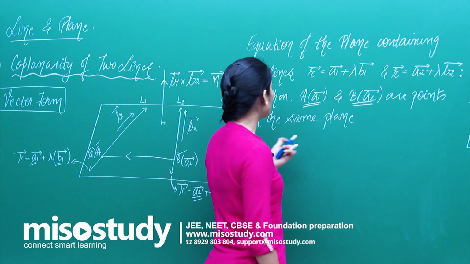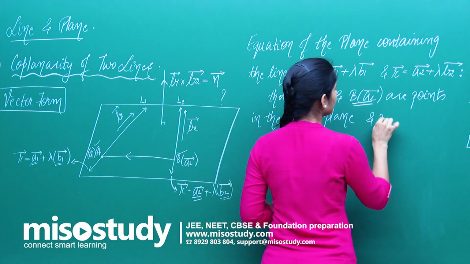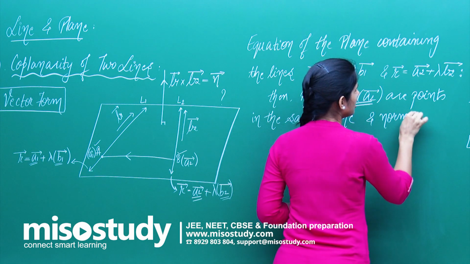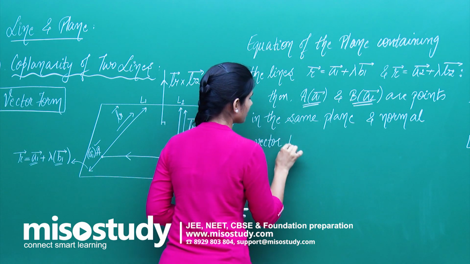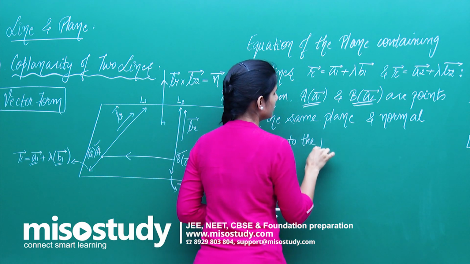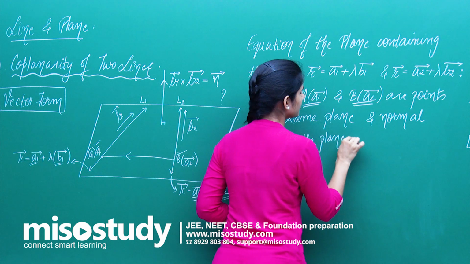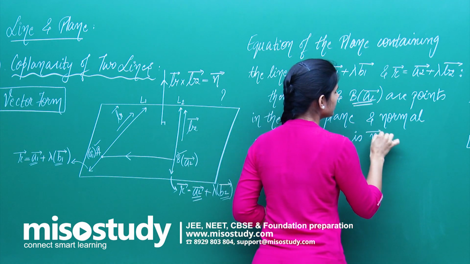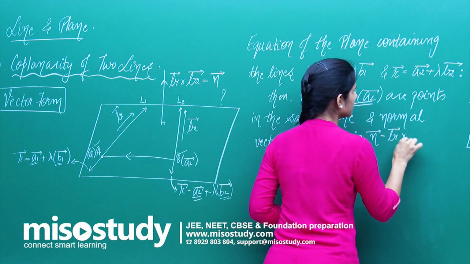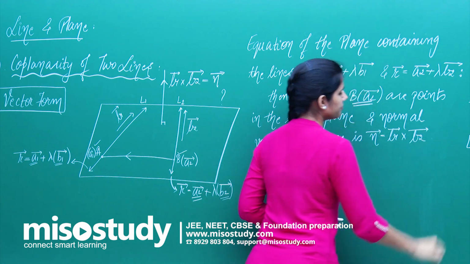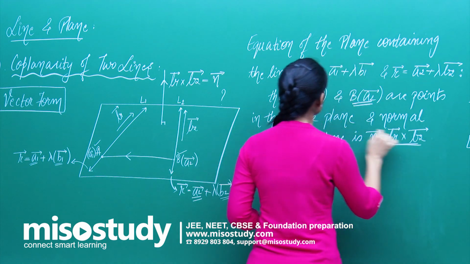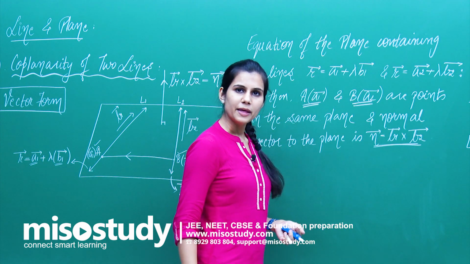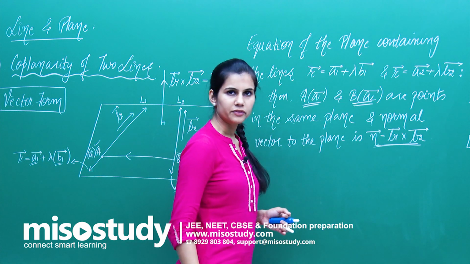So then these 2 points are in the same plane, and the normal vector to the plane is n vector, which is nothing but b1 cross b2. You have the normal vector with you, you have a point with you, therefore you can conclude the equation of this plane.